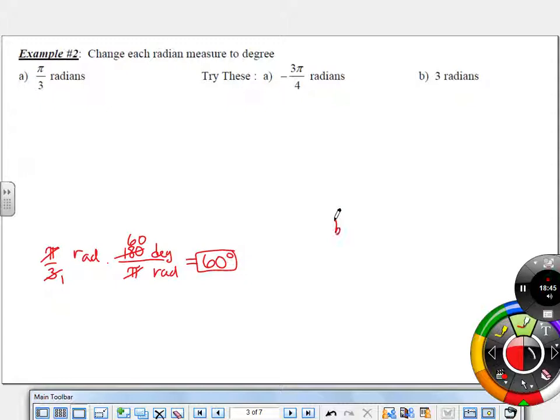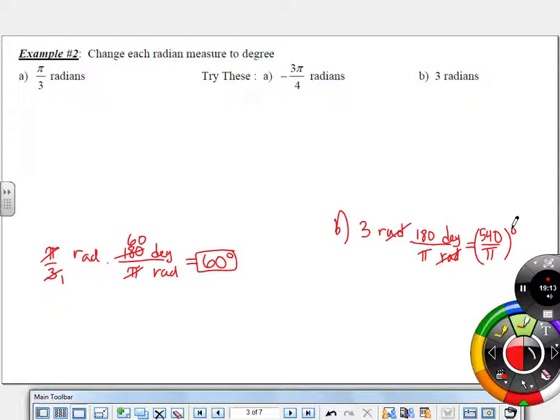So for part B here, if it was 3 radians, remember, again, our setup, we want to cancel out radians and leave us with degrees. So this is still 180 degrees over pi radians. So 3 times 180 is 540.